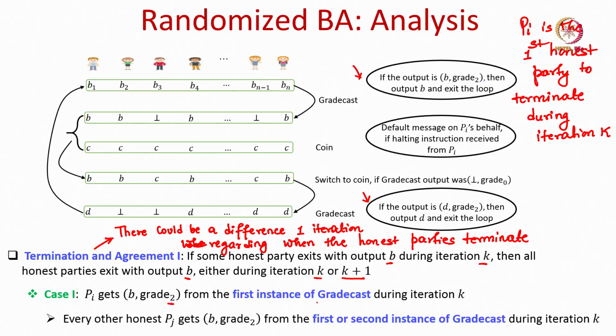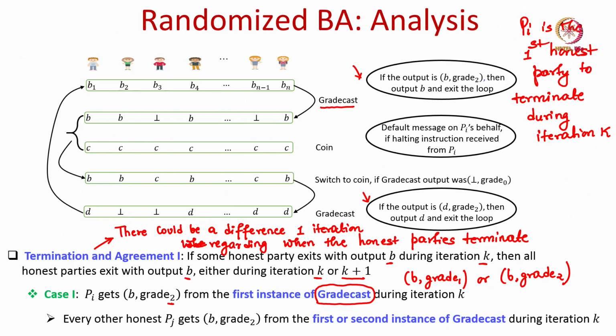And remember, the property of Gradecast guarantees that if Pi has obtained B with the grade 2 as the output, then every honest party would have obtained B either with grade 1 or B with grade 2 during the same invocation of Gradecast.